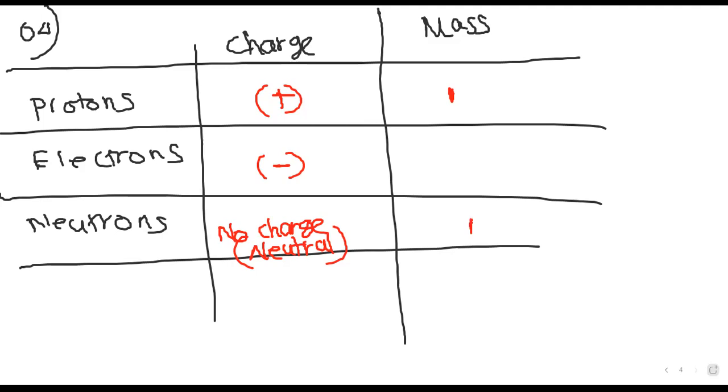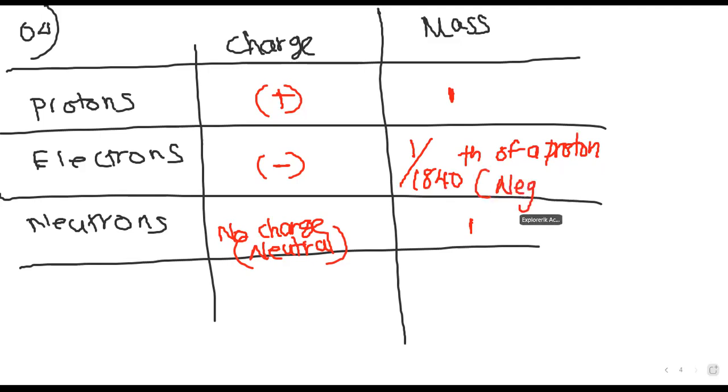But the mass of an electron is 1840 times smaller than the mass of a proton, so 1 over 1840th of a proton. So we consider it to be a negligible mass. But to be honest, electrons have a mass.